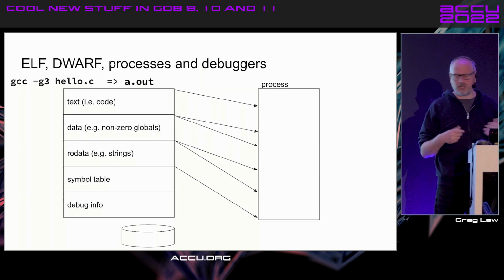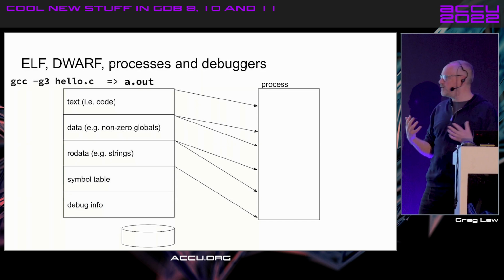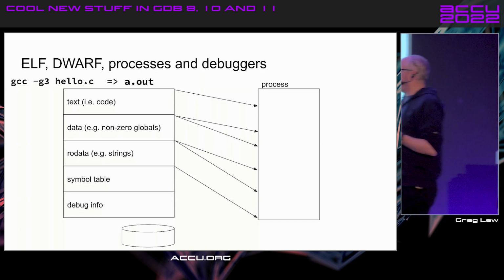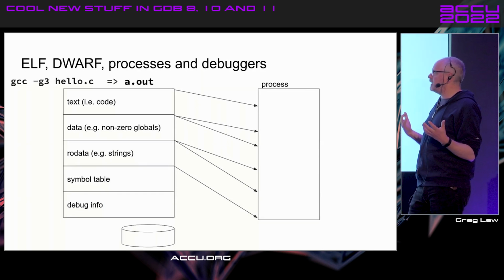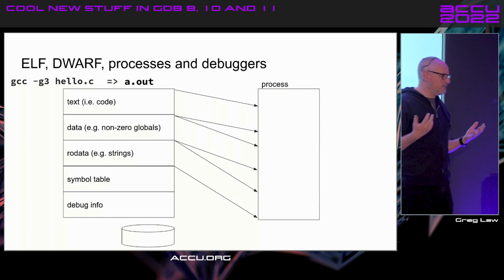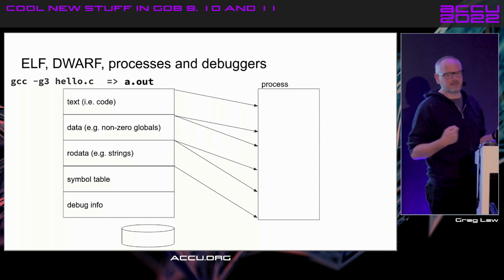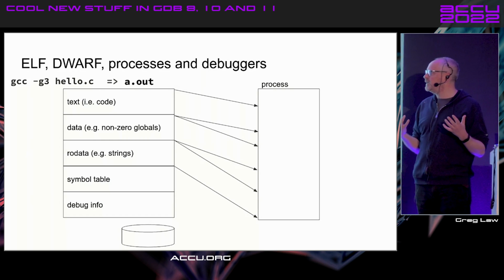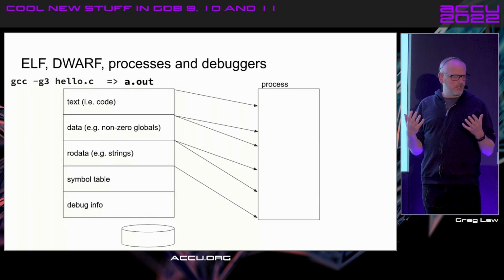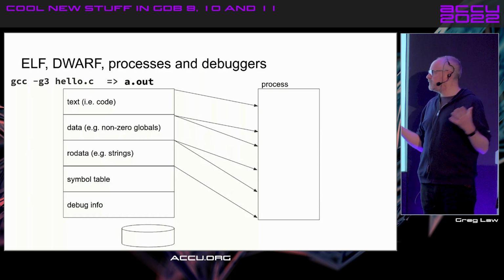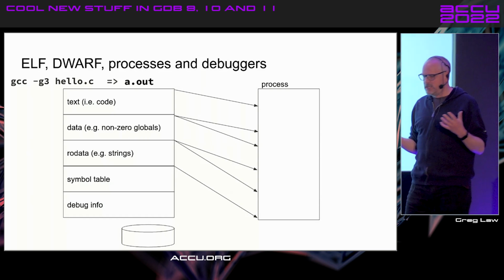My little Hello World program, clearly not a lot of debug info there. I was working with a customer just a few weeks ago who had debug info of over 50 gigabytes. Obviously it's a lot of data to ship around.